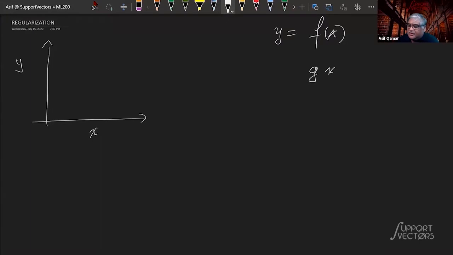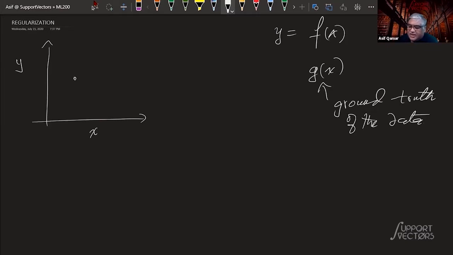This is the ground truth of the data. And let's say that you have these few points. I hope I can illustrate the problem that I have with this.